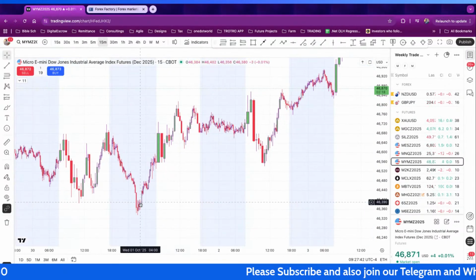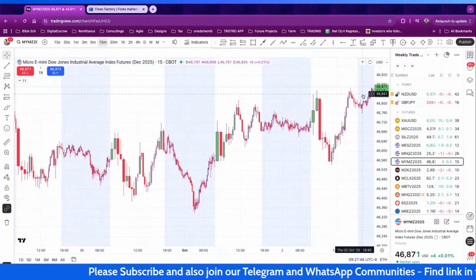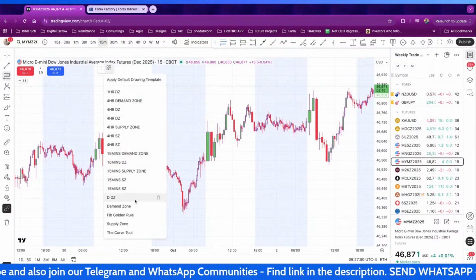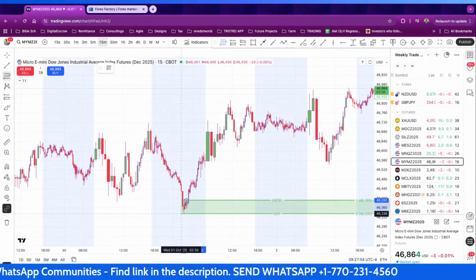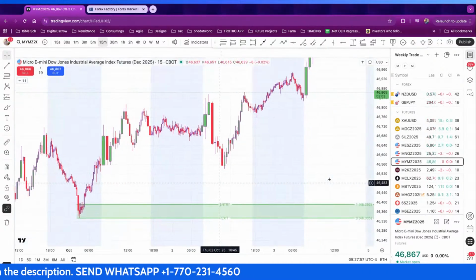I love what the market did over here. This is where all this move up started from. So it's going to be right here, right? Pick it up from here, boom, and then we end it here, right? So that's for the Dow, right?